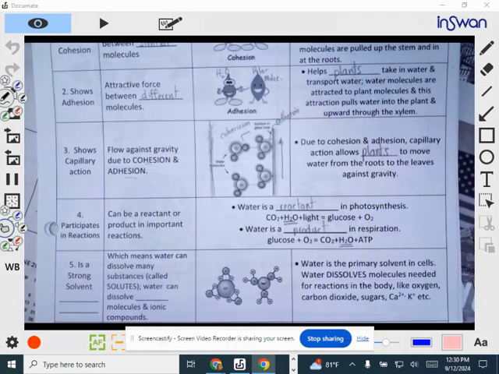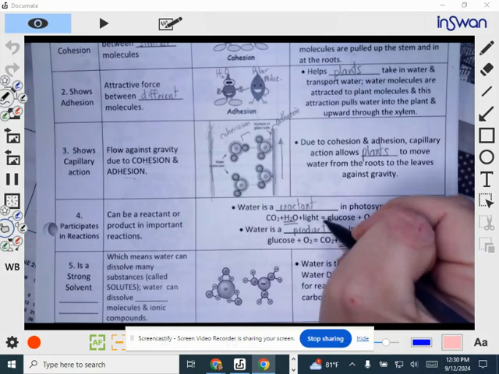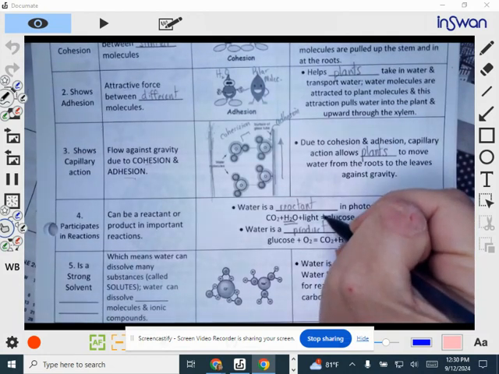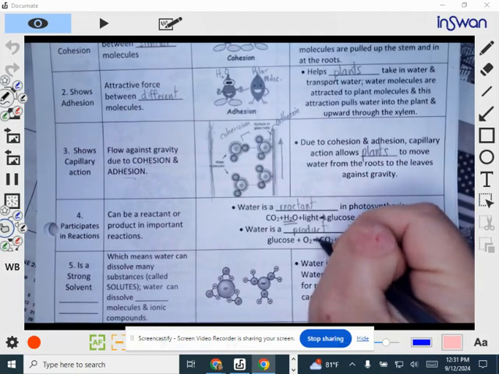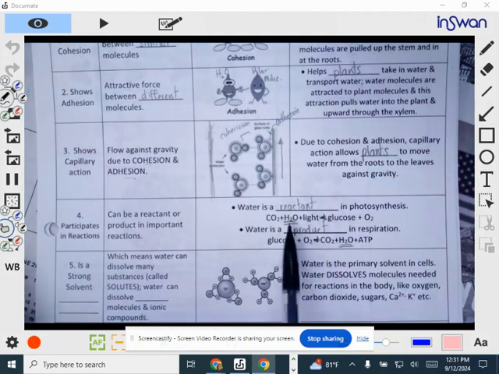I'm going to change this equal sign to look more like an arrow because that's usually how we write a reaction. Anything on this side of the arrow is a reactant, and whatever is on this side of the arrow is the product. So this means glucose and oxygen are made into CO2, water, and ATP.